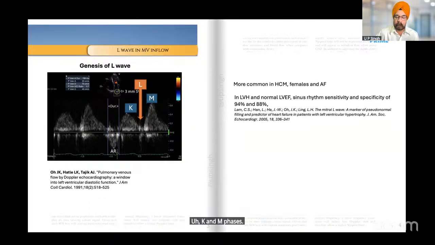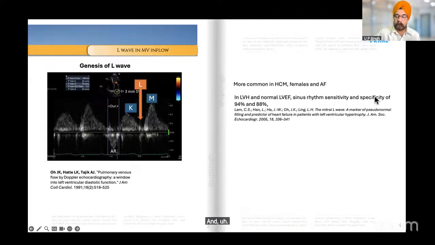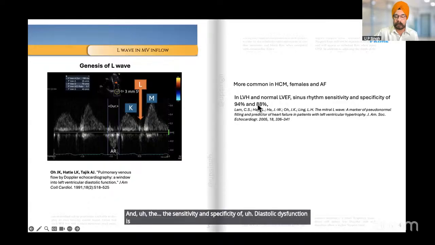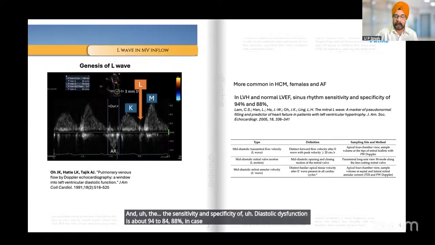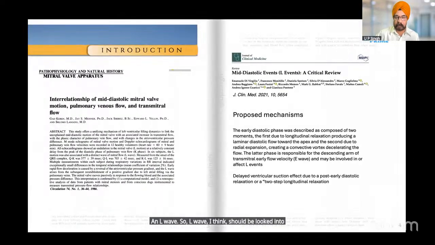Now, these are more common in hypertension and in hypertrophic cardiomyopathy, in females for some reason, and in atrial fibrillation, and the sensitivity and specificity for diastolic dysfunction is about 94 to 88% in case you find an L wave. So the L wave, I think, should be looked into in case of a bradycardia.